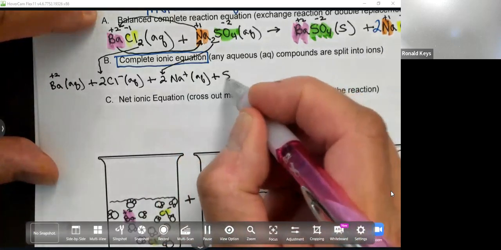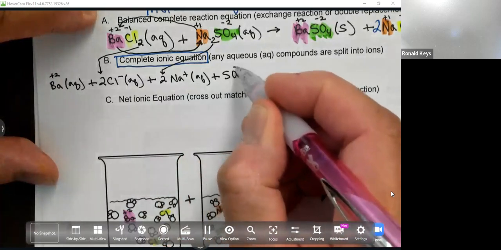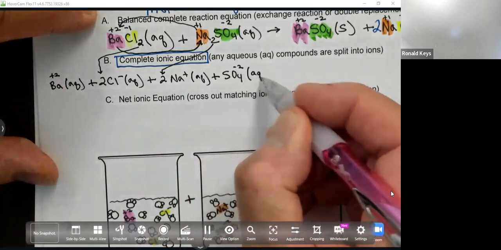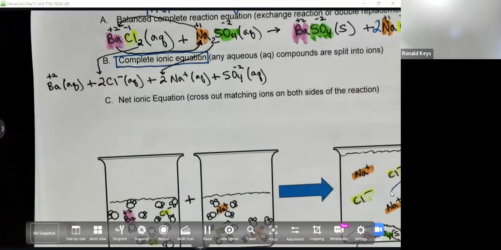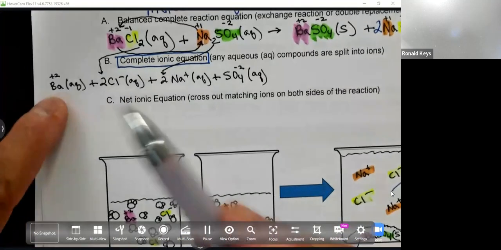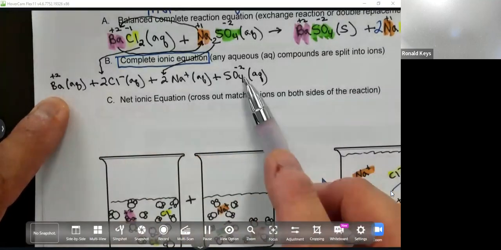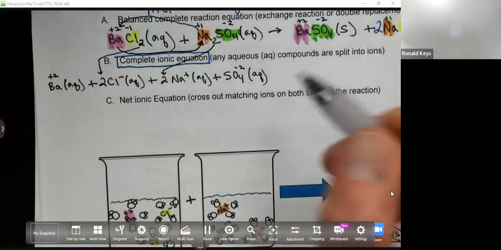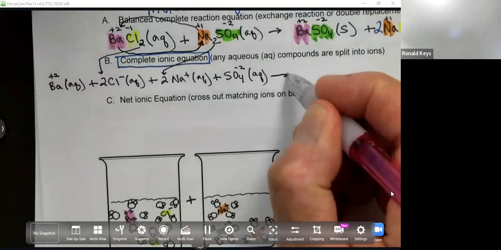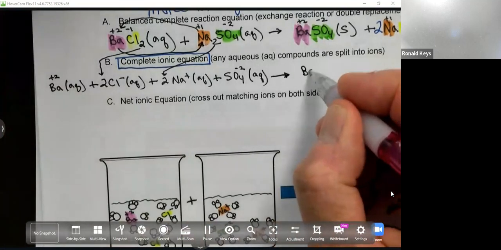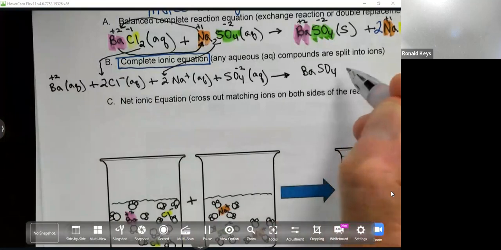And we get sulfate. Making sure you have ion charges for everything. If you do not have ion charges for everything, you have to assume it's a neutral compound. Keep our barium sulfate together.